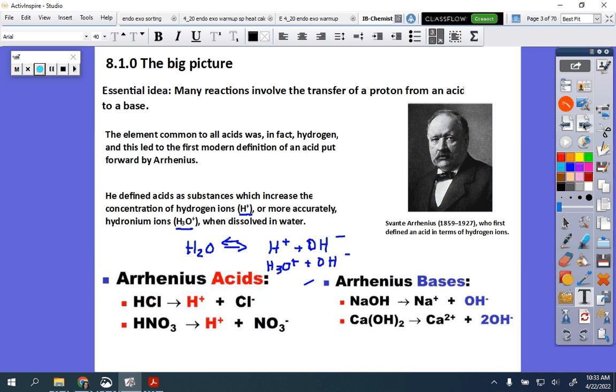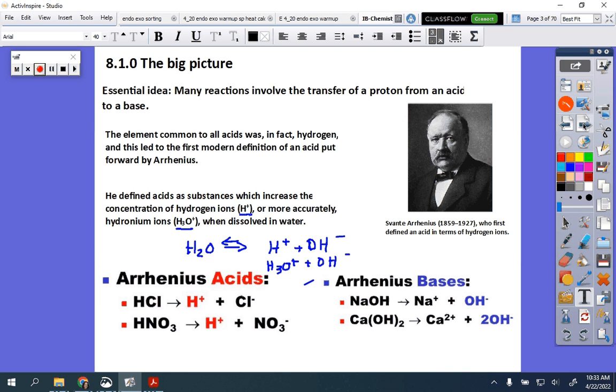The first person who was published and widely recognized for having a theory defining what is an acid did it in terms of hydrogen: things that increase the concentration of hydrogen ions, of protons, or the more accurate way of talking about protons in a solution of water, the hydronium ions, which is H3O+, when dissolved in water.